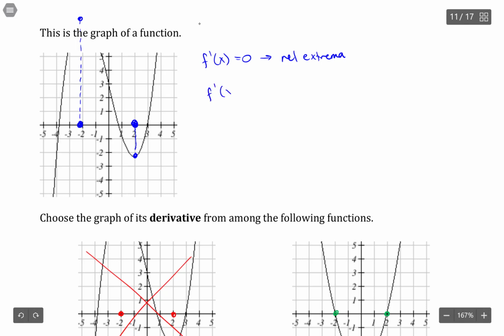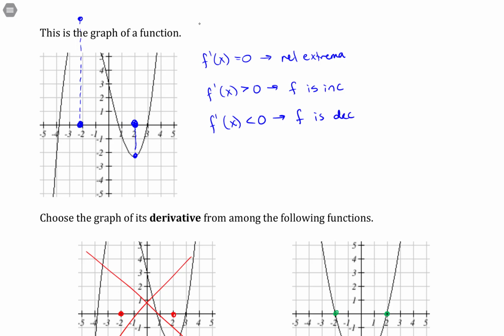All right, so the first derivative is going to be bigger than 0 whenever the original function is increasing. And the first derivative is going to be less than 0 whenever the original function is decreasing. So if you'll notice here, I'm increasing on this interval.